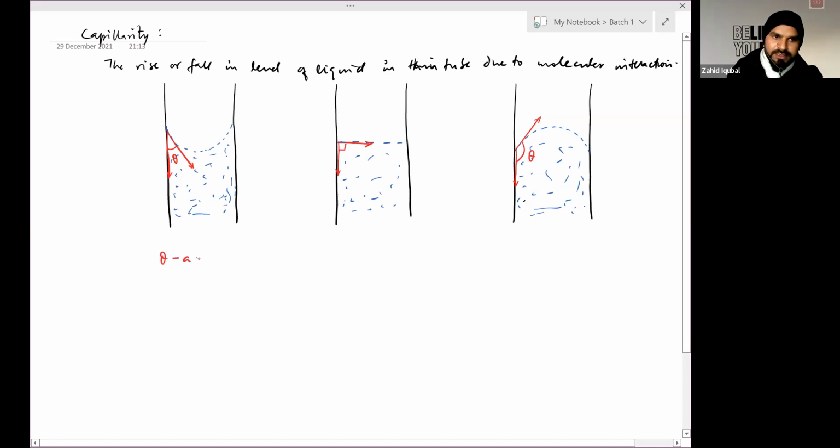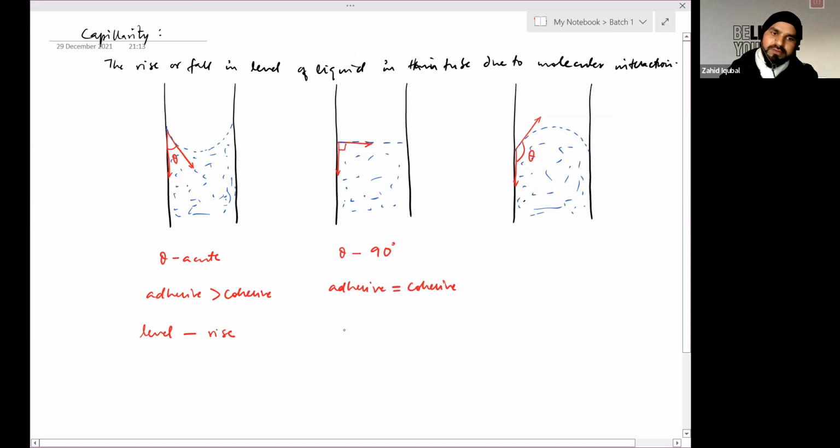So if theta, the angle of contact, is acute, adhesive force will be stronger as compared to cohesive force. So it will tend to increase the level of liquid. So the level of liquid will rise. In the second part, if theta is 90 degrees, adhesive force will equal cohesive force.